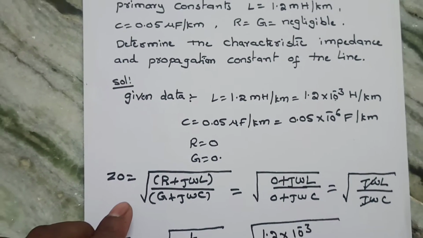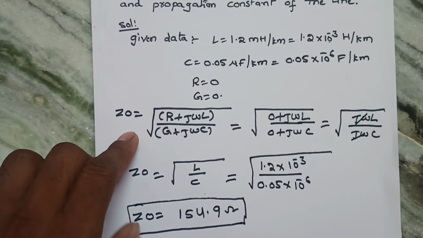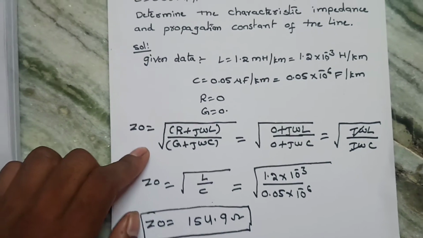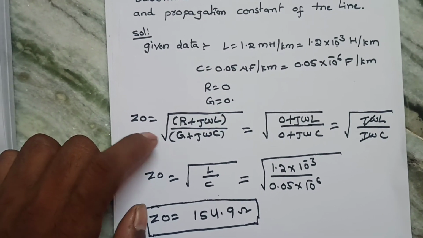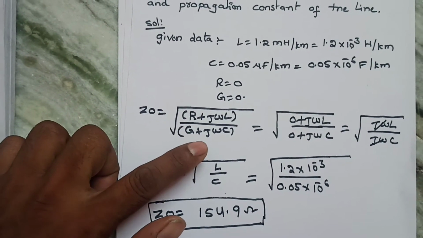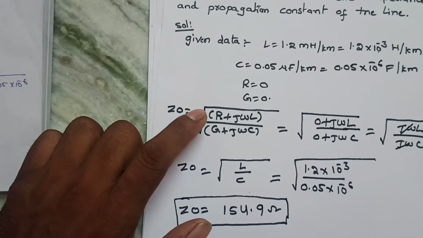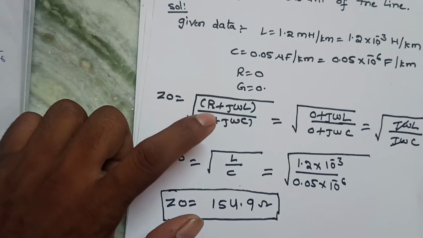First of all, we have to solve the characteristic impedance. The characteristic impedance formula is Z0 is equal to square root of R plus j omega L by G plus j omega C. In the place of R and G, we have to substitute the given value 0.